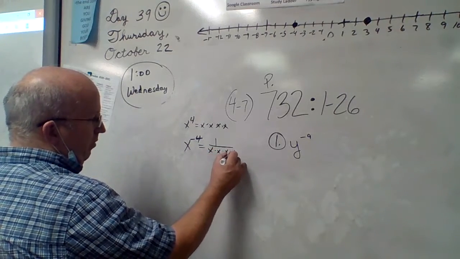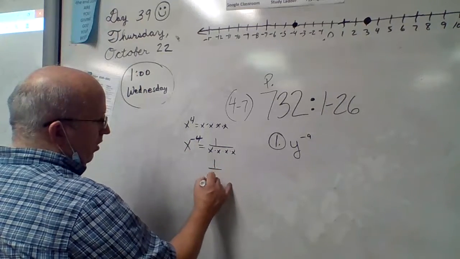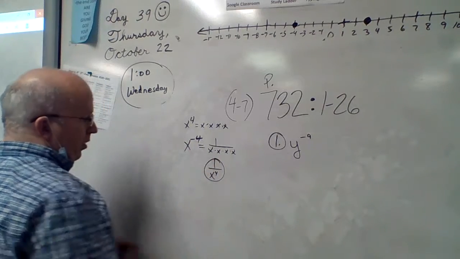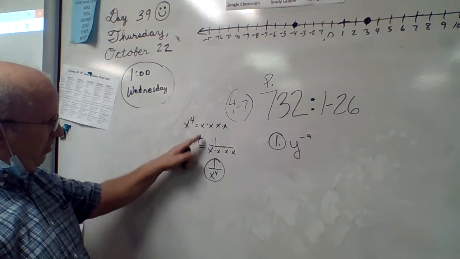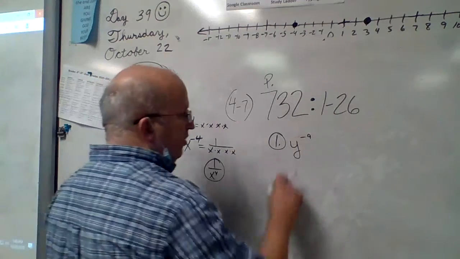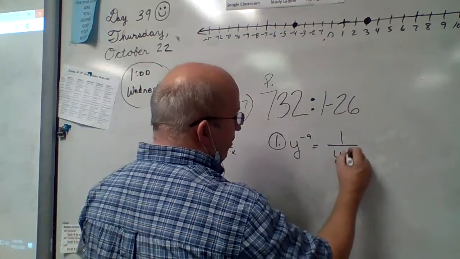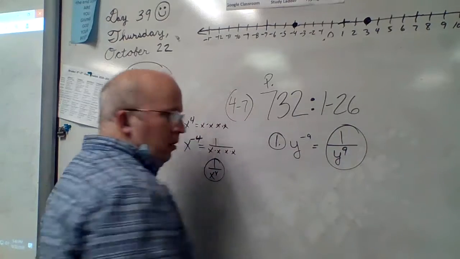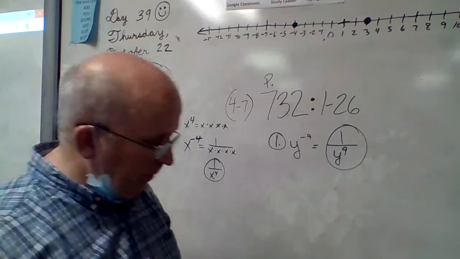That's all it means. So x to the -4th is really 1 over x to the 4th. So I've created a positive exponent that is exactly the same value as this. So let's go over here. Y to the -9th. That's really 1 over y to the 9th. It's the same thing. Okay.